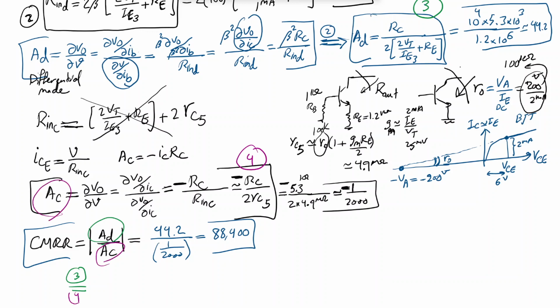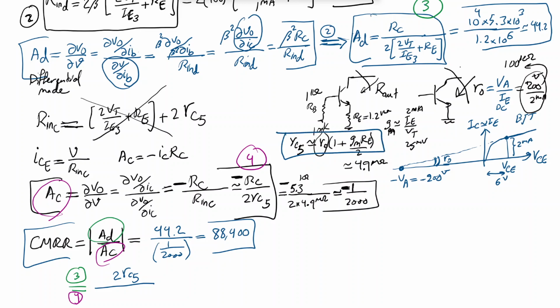So equation 4, then we get, there is RC in both equations, so it would cancel out each other, and as a result I get just simply 2 times RC5, which is this one here. I'm going to substitute for that one.